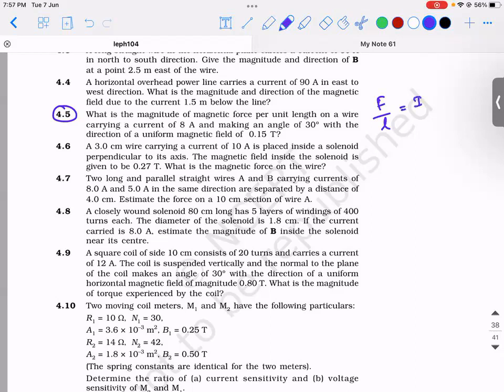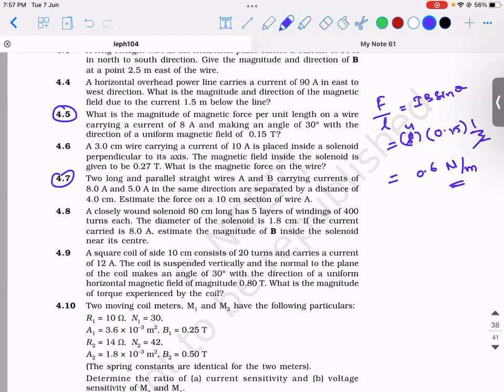Wire carrying, so I into B into sine theta. Current carrying is 8 ampere. So 0.6 Newton per meter.